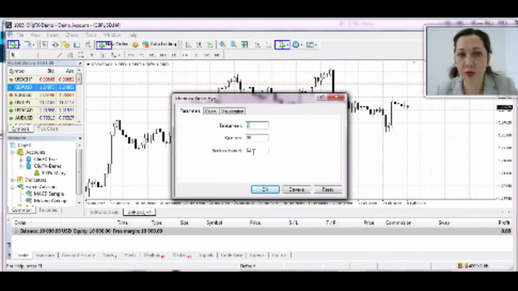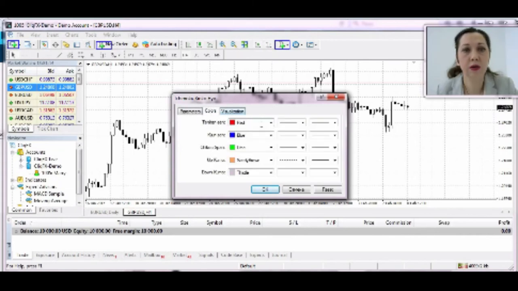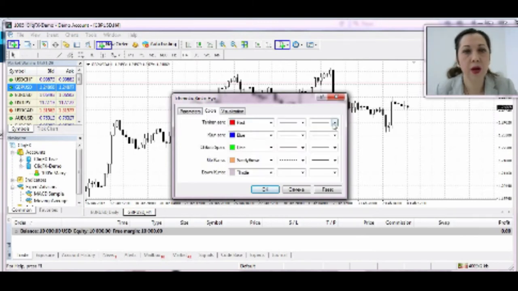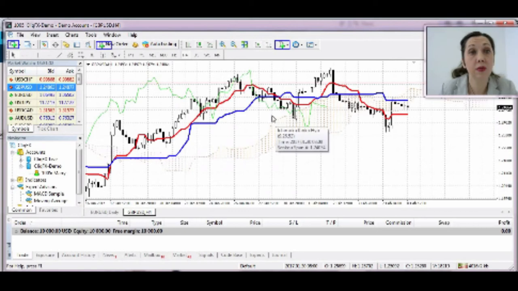You set up your parameters or use those already given by the system. You can also choose any color you like, and visualization on all time frames or only the exact time frame you are trading right now. You can make it thicker or thinner, whatever.